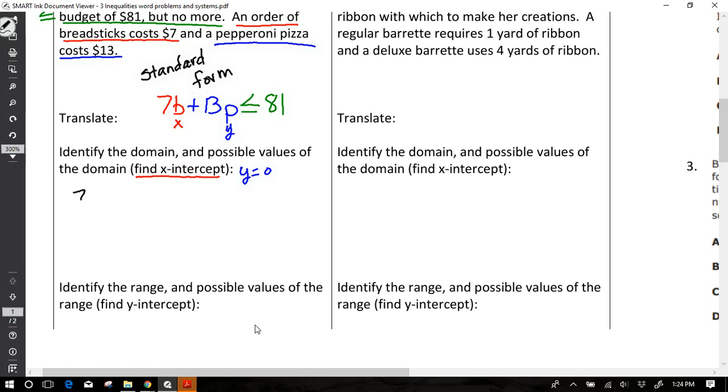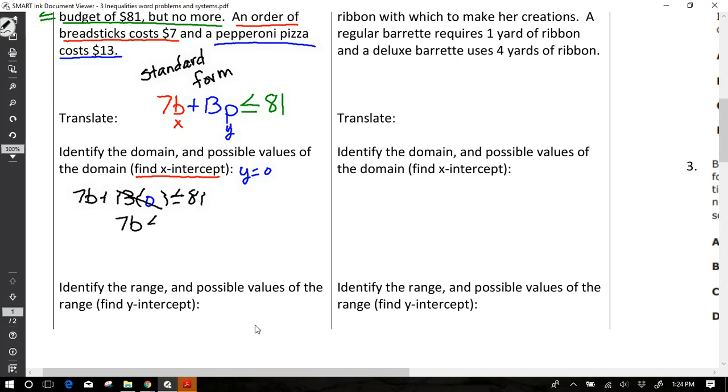So I'm going to have 7b plus 13 times 0. So plug in the 0 for your y, and that's going to be less than or equal to 81. All right. So if she does not buy any pizzas, that'll cost her $0.